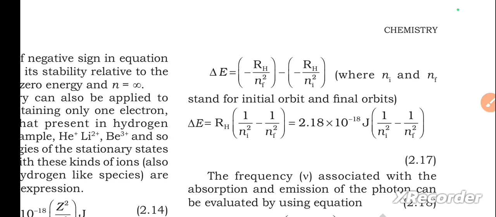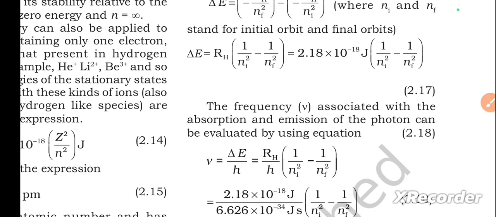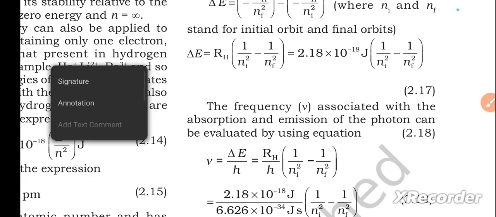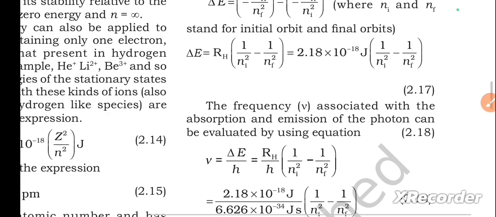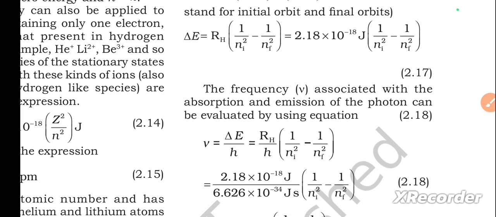Combine the equations 2.13 and 2.16. Overall, delta E is 2.18 × 10^-18 joules of (1/ni² − 1/nf²). The frequency ν associated with the absorption and emission of the photon can be evaluated by using the equation ν = ΔE/h = RH/h (1/ni² − 1/nf²).